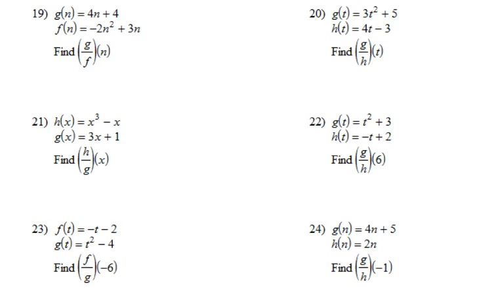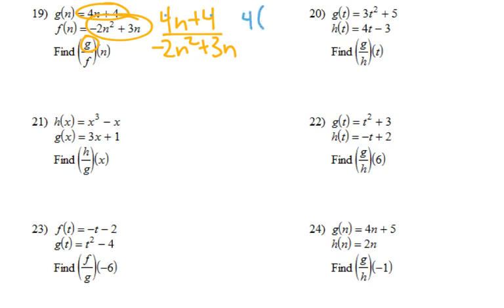Let's do division first. Now with division, it's actually pretty simple because these aren't necessarily set up to be simplified so much. So we take the g, because it's on top, 4n plus 4, divided by negative 2n squared plus 3n. Okay, then we look to simplify. Well, they share a 4, so I could go 4 times n plus 1 over, they share an n times negative 2n plus 3.